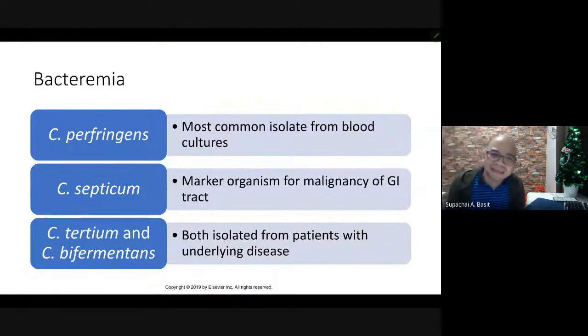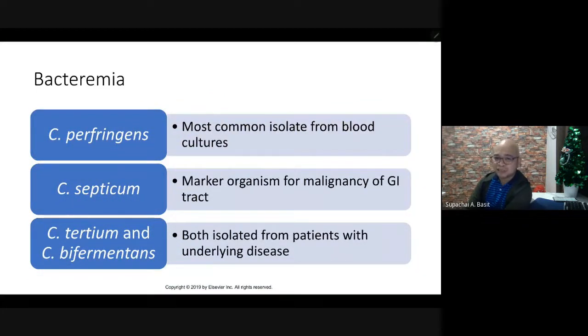There are some anaerobic bacteria that can also cause bacteremia. So again, what is bacteremia? When we say bacteremia, we are referring to the presence of bacteria in the blood. Examples are Clostridium perfringens, which is most commonly isolated from blood culture. And then Clostridium septicum, the marker organism for malignancy of the gastrointestinal tract.